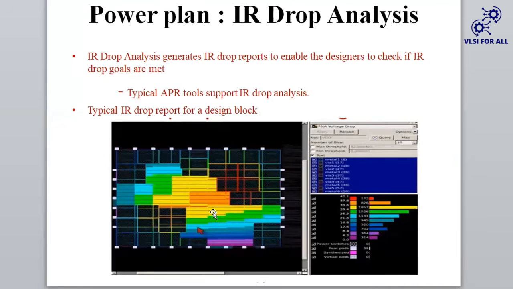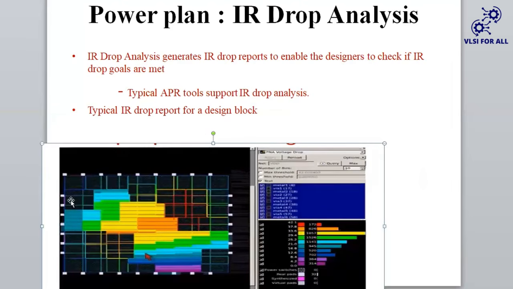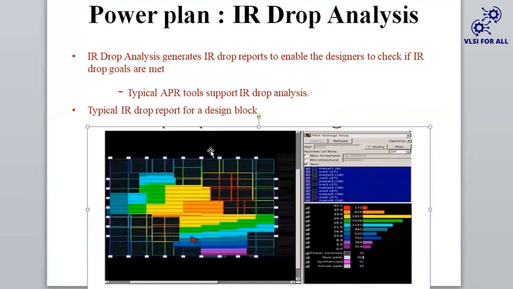A red hot spot shows maximum IR drop in your design. In this design, there is not that much red hot spot, which means there is not that much IR drop. If there is a red spot, it means there is a huge IR drop in that place. This is how you do the analysis of IR drop in your design.